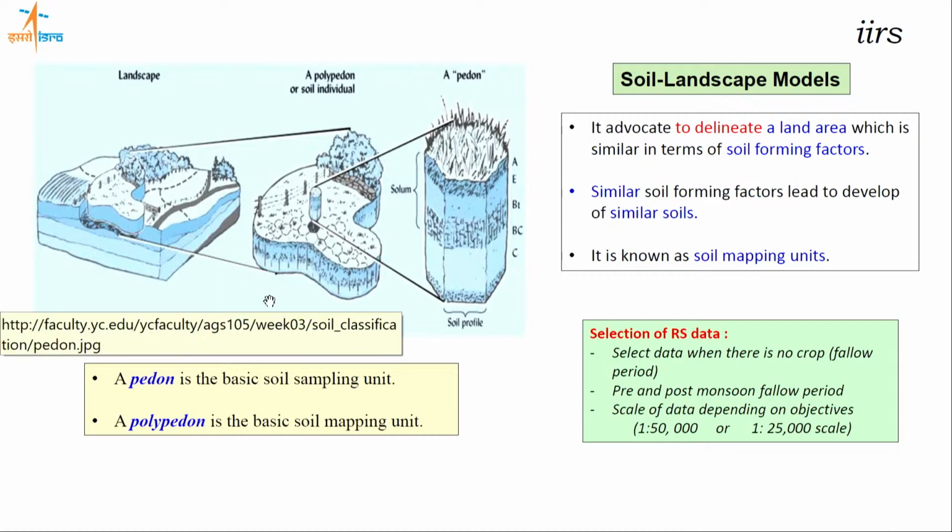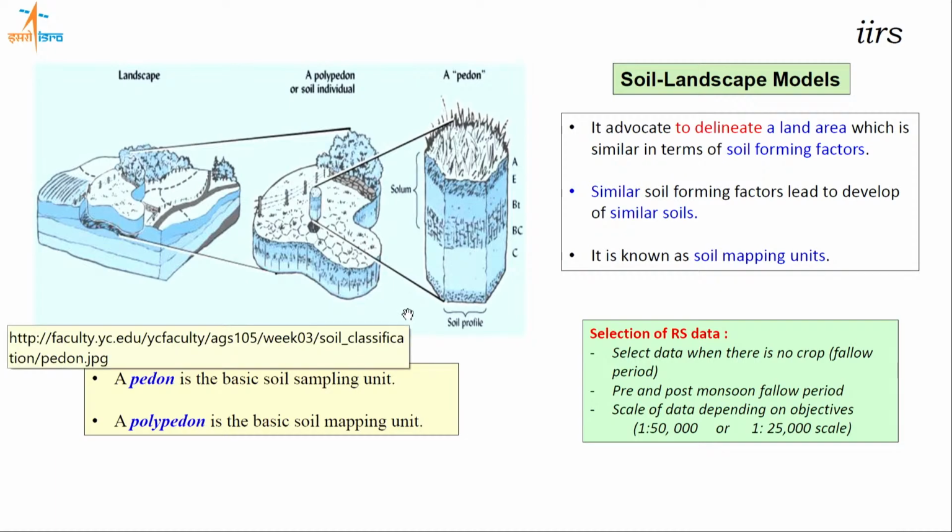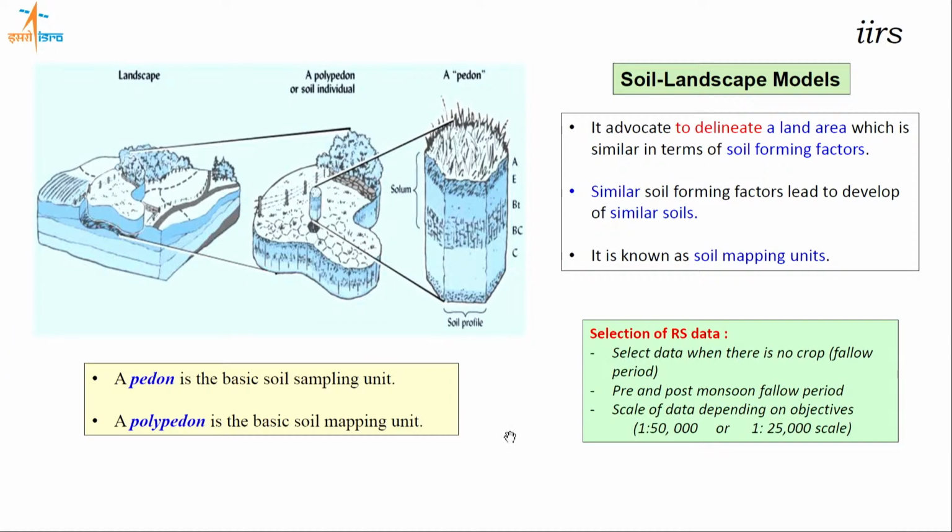An individual sampling unit is called a pedon. A group of pedons is called a polypedon. So you can say the similar soils will be here. So pedon is the basic soil sampling unit, and polypedon is the basic soil mapping unit.